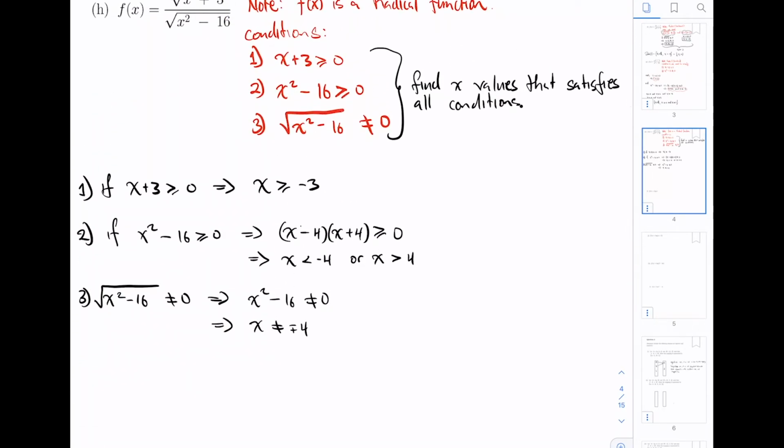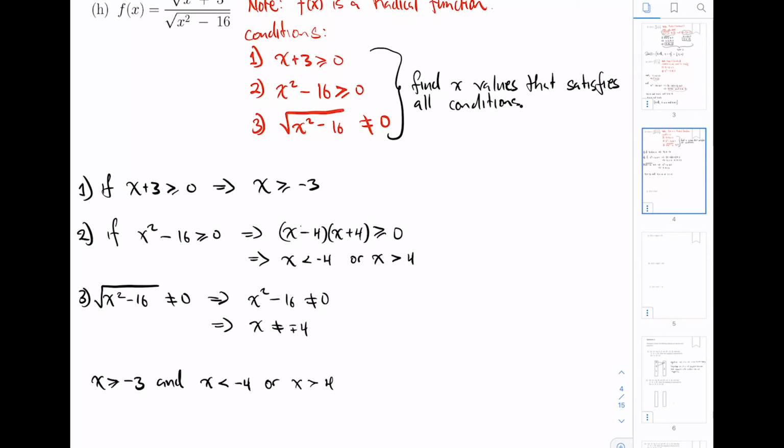So let's write them down. We need x to be greater than or equal to -3, and we need x to be less than -4, or x is greater than 4. Keep writing greater than or equal to.